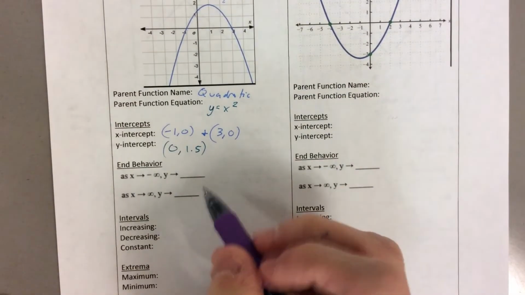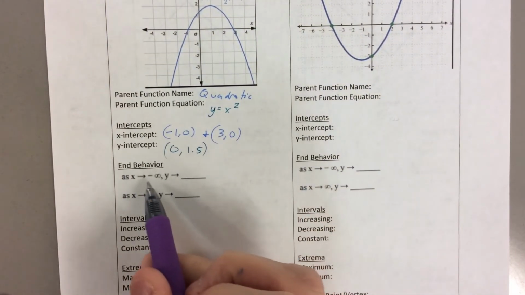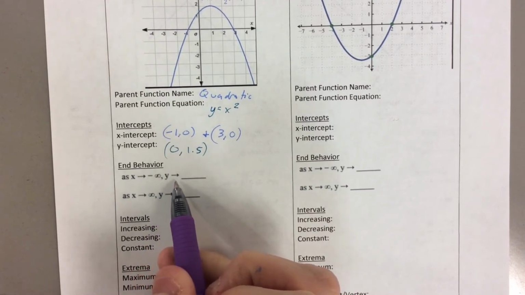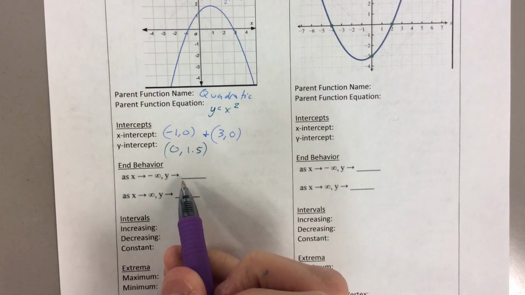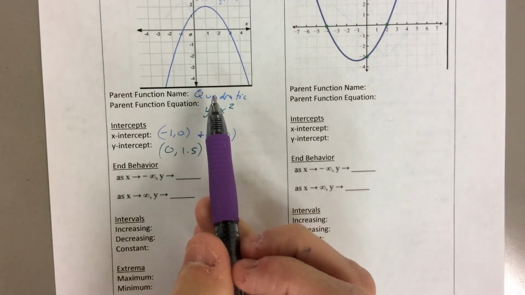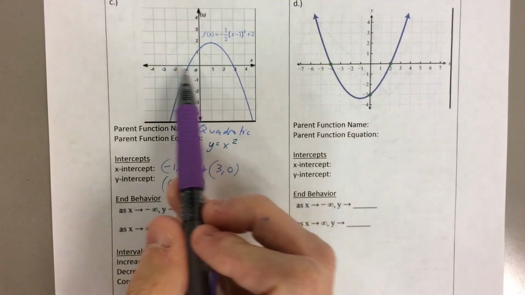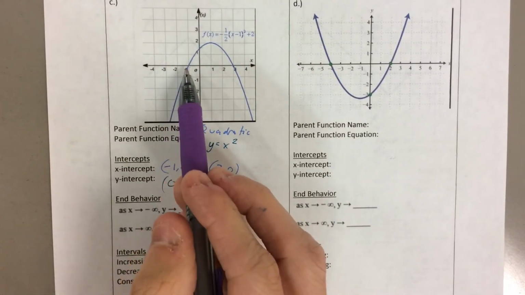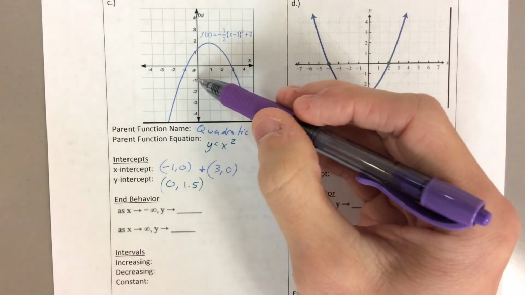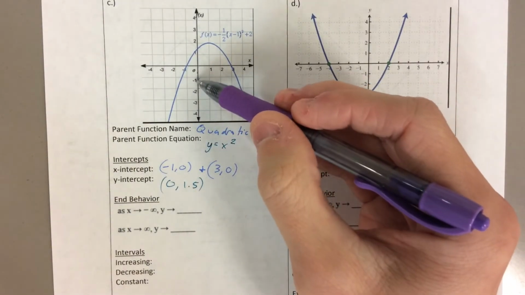All right, in end behavior, I want you to do the first one. So as x approaches negative infinity, y approaches what? So as we go to the left, y looks like it's going down, right? So this way is negative for y's. If we go down, we go negative.